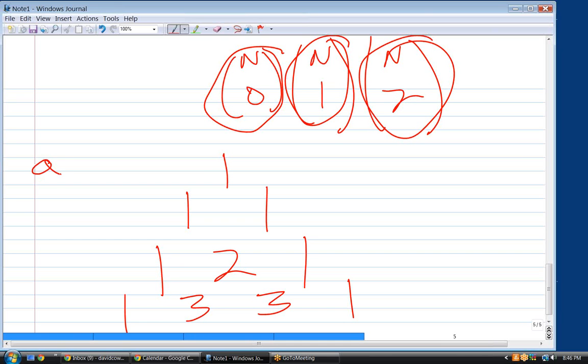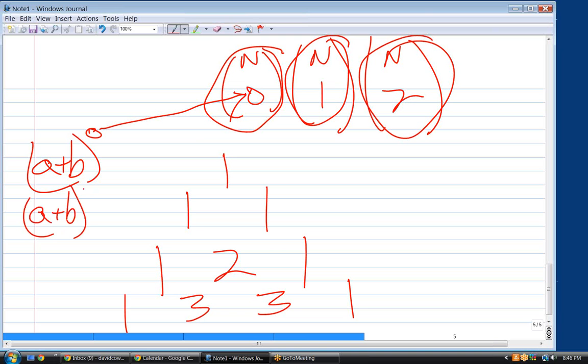This was a plus b to the 0th. Notice the zeros matching up. If you take a plus b to the 0th power, it's equal to 1. If you take a plus b to the 1 power, matches up with that, you get a plus b.